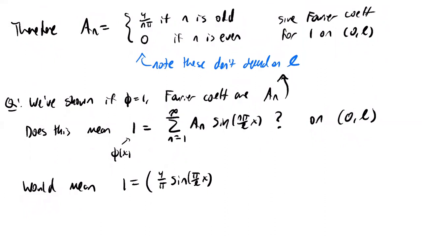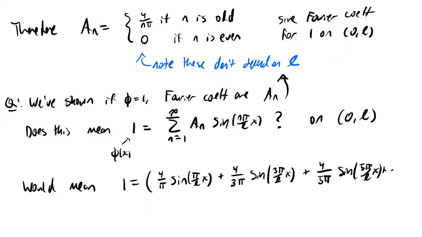Now, when n is equal to 2, it's 0, so I skip to n equals 3. So I have plus 4 over 3 pi sine of 3 pi over L x. And then the n equals 4 term is 0, so I go to n equals 5. So I have 4 over 5 pi sine of 5 pi over L x, and so on, right? I just keep going. It's an infinite sum.